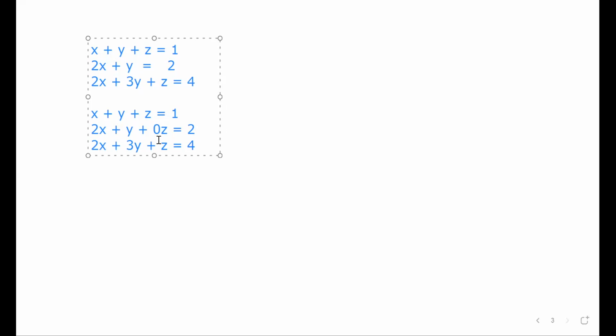From this one, we have to find the augmented matrix. So the first equation is 1, 1, 1, 1. The second equation, 2, 1, 0, 2. The third one, 2, 3, 1, 4.